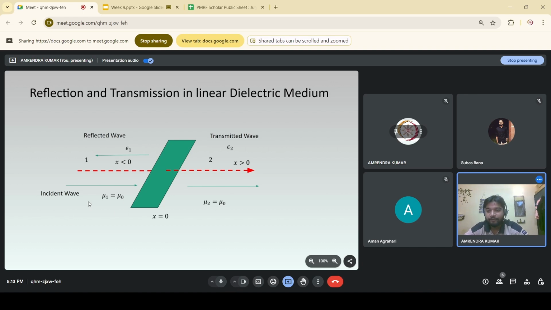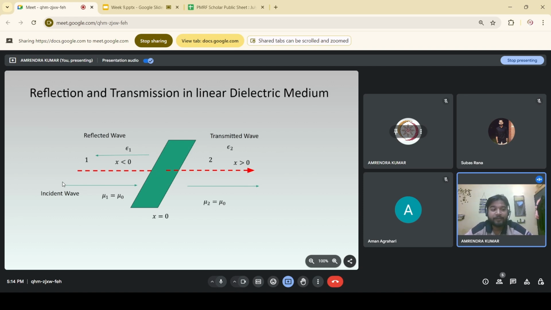We have chosen the permeability mu 0 because we are taking a non-magnetic medium, so we don't have to take care of the magnetic part. We are only saying that this is a non-magnetic linear dielectric medium. In reality, when light is incident on a dielectric boundary, there is some transmittance and some reflectance.